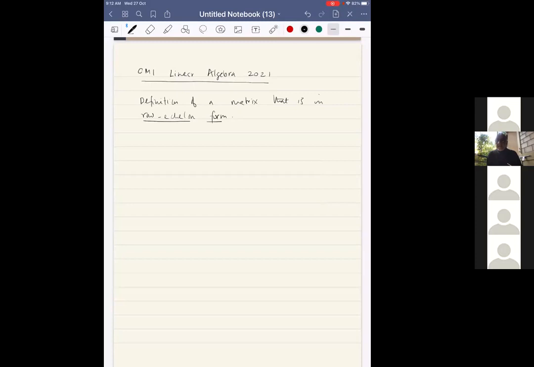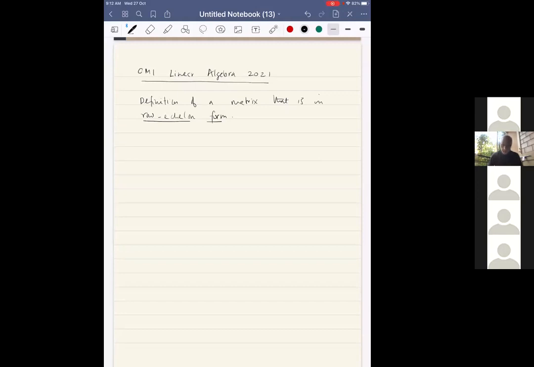And the matrix in question can be quite general. It need not be a square matrix. It can have more columns than rows, or it can have more rows than columns. So we will take an example where in the picture, it will look as if it has more columns than rows.